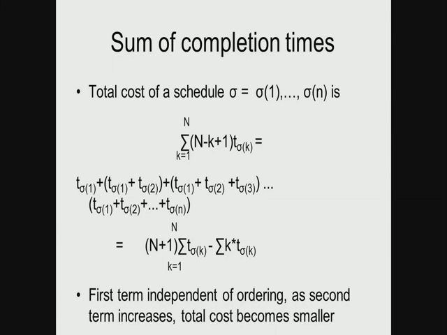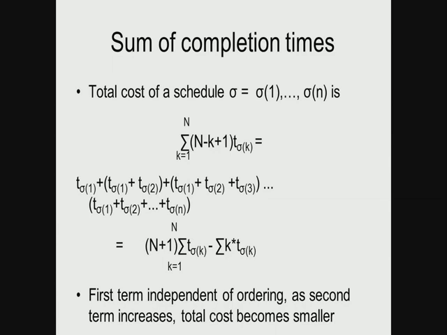It has n terms in the summation and there are n minus k plus 1 copies of T sigma of k, and that is explained in the equality there, which says that the completion time is T sigma of 1, plus the completion time of the second job, which is T sigma of 1 plus T sigma of 2, plus the completion time of the third job, which is T sigma of 1 plus T sigma of 2 plus T sigma of 3, and so on up to the completion time of the nth job, which is T sigma of 1 plus T sigma of 2 up to T sigma of n.